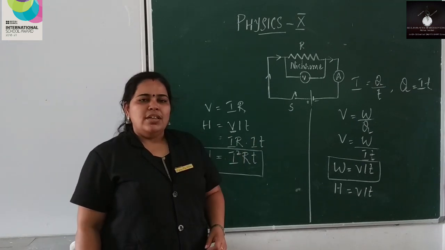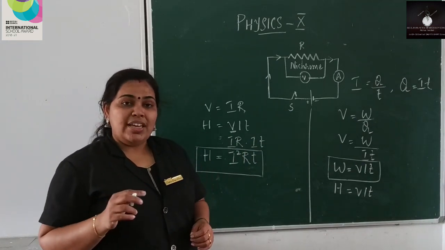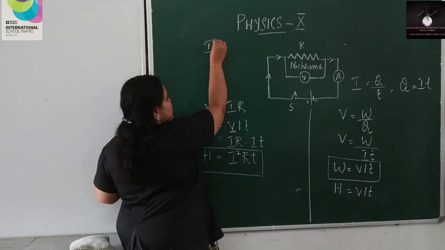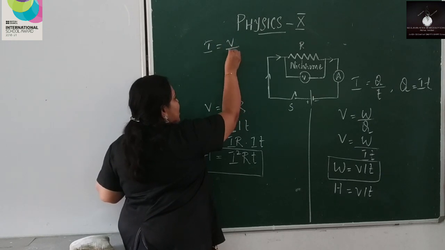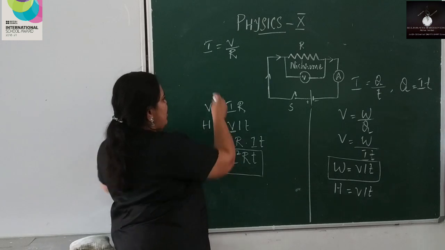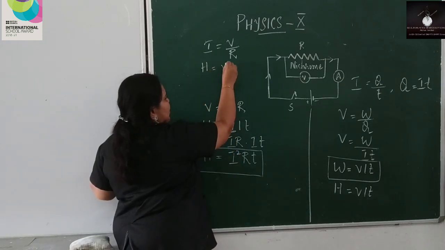Can you tell me the formula for I according to Ohm's law? We know I is equal to V by R. Substitute in the equation H is equal to VIT.